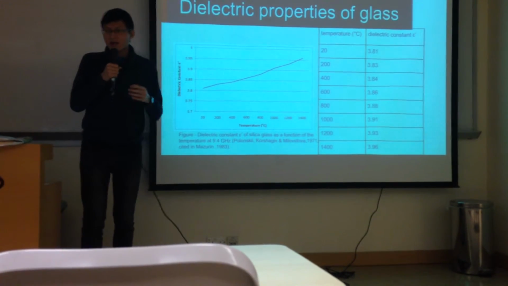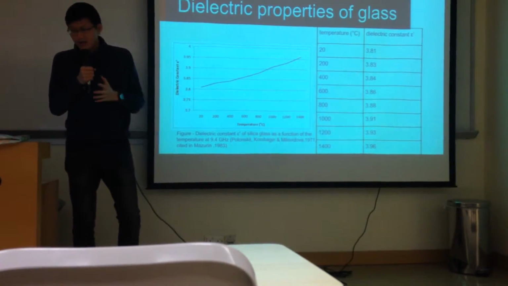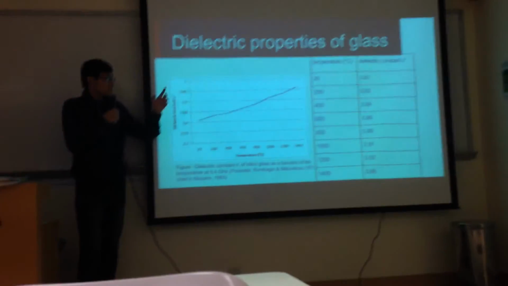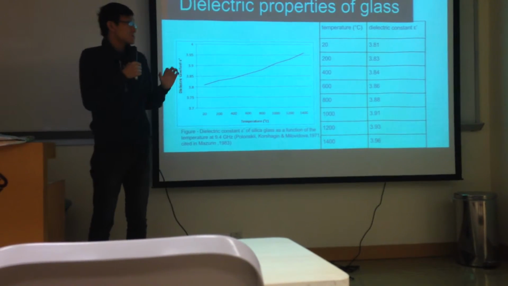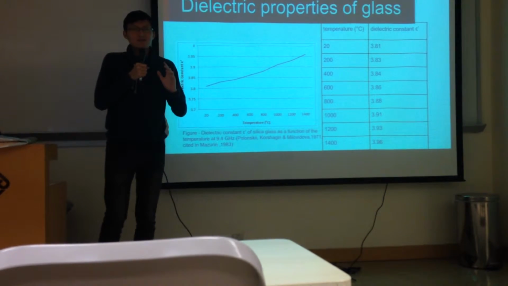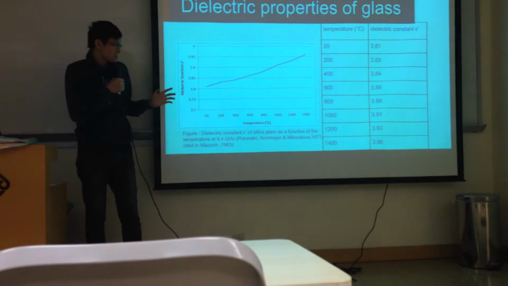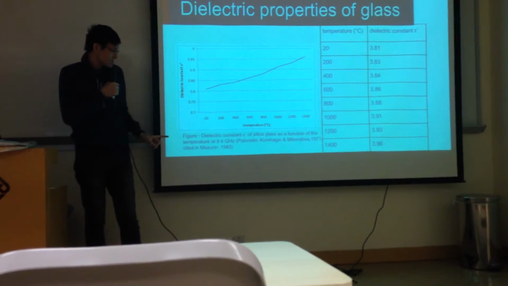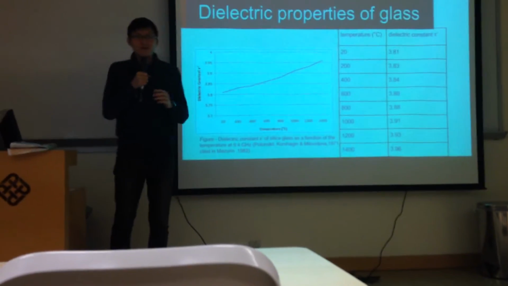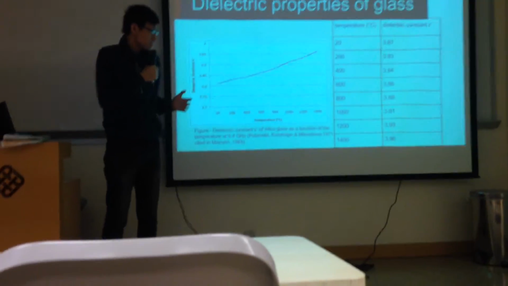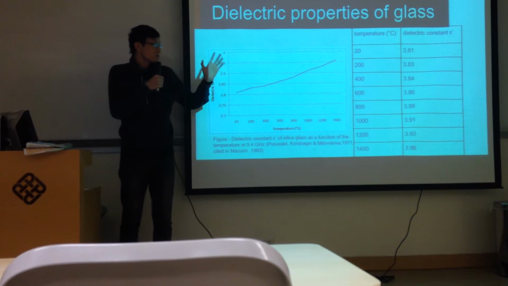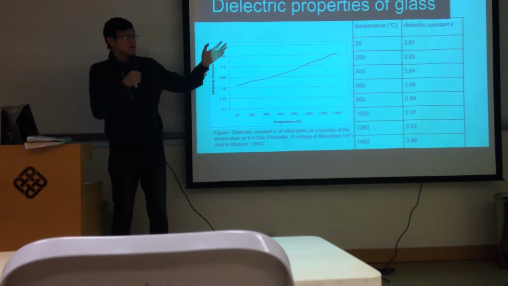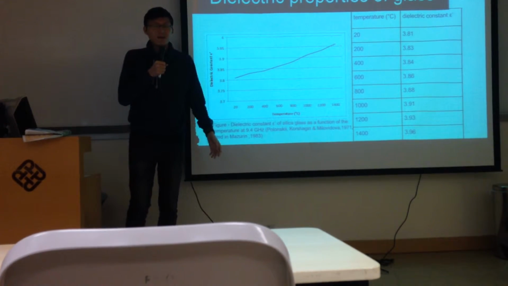So here comes the dielectric properties of glasses, and we have gathered some information about the relationship between the dielectric constant and temperature of silica glass at a frequency of 9.4 gigahertz. And in order to observe some changes, we make a table based on the data that we have obtained.